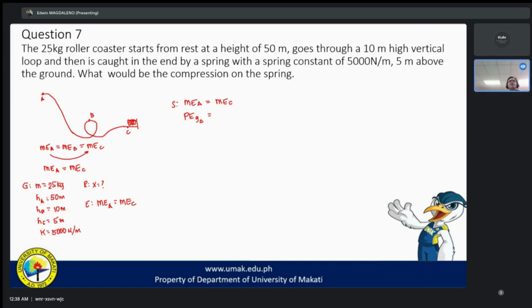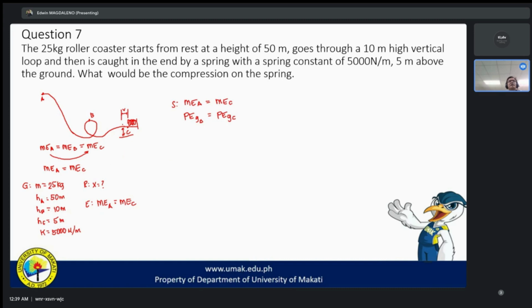At point C, since it is compressing a spring and is at a certain height, it has PEG at point C. So at the compression x, it has a height, so it has gravitational potential energy.